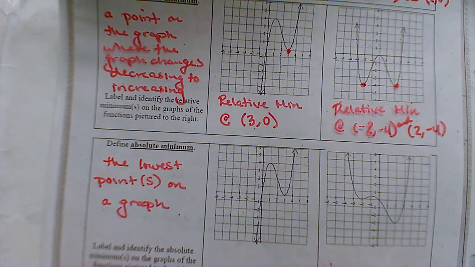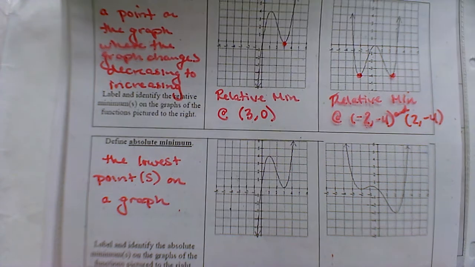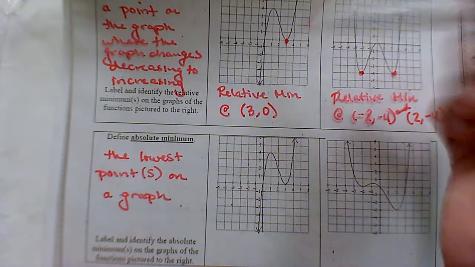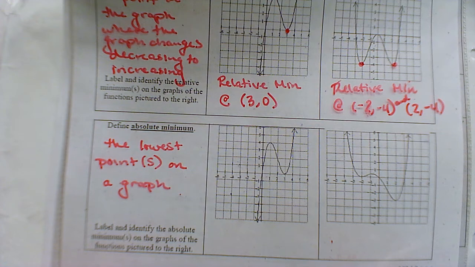All right, so take a look at the first example. Okay, it's kind of the same graph as the one above over there. Can you identify where the lowest point on that graph would be?